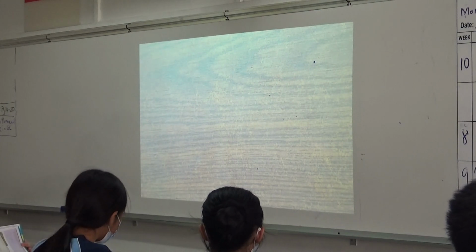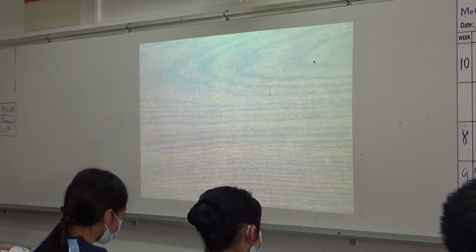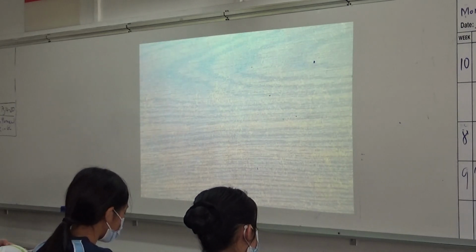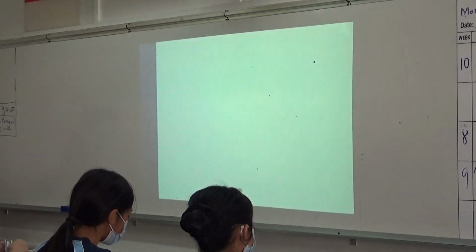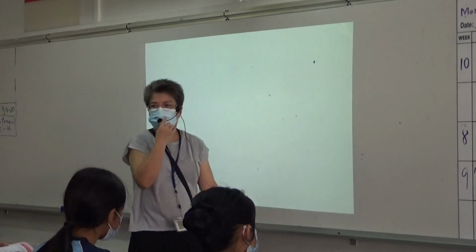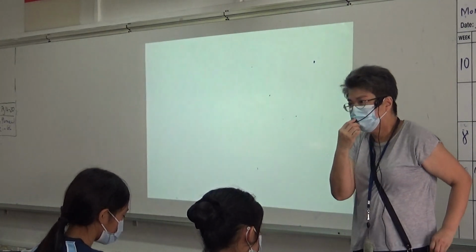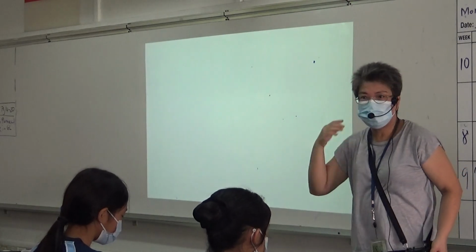I really need your cooperation by listening, because all this will not be repeated at the other levels. That means your Sec 2, Sec 3, Sec 4 don't have it, but it's coming out in your O levels. Do you understand? Certain things we only do now.